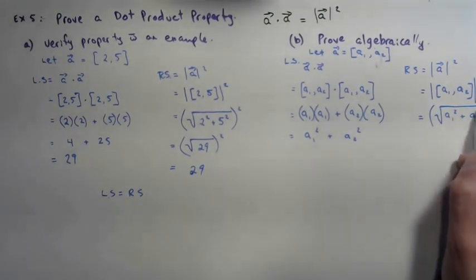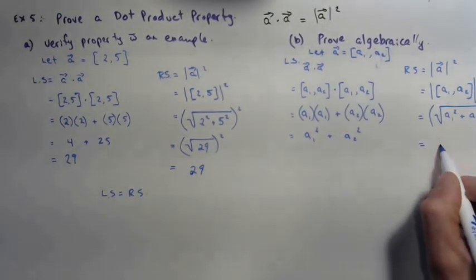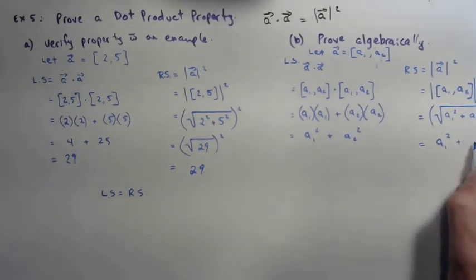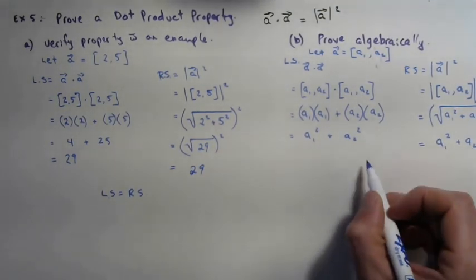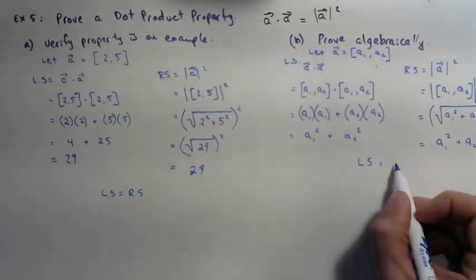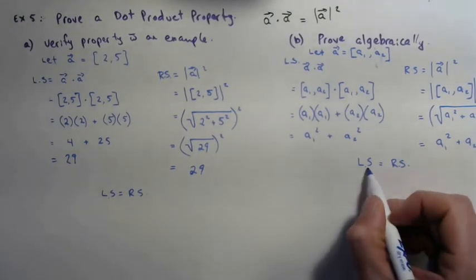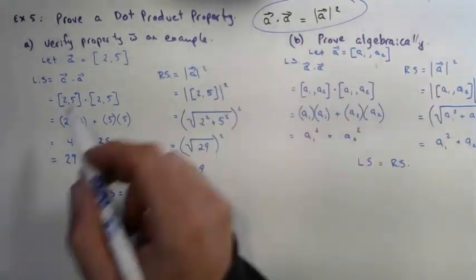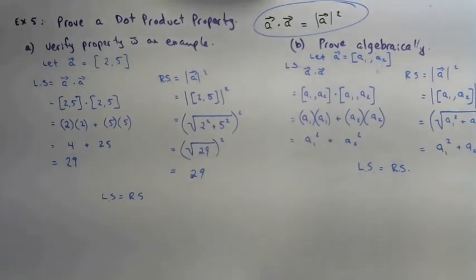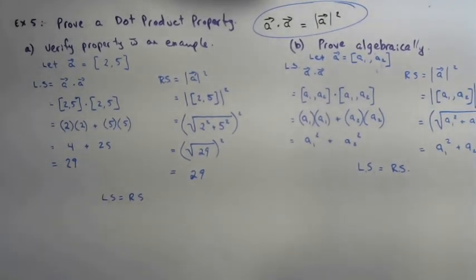And if you square a square root, you just get what's inside, which is A1 squared plus A2 squared. Left side equals right side. An algebraic proof for this property up here to show that it's true for any vector at all.